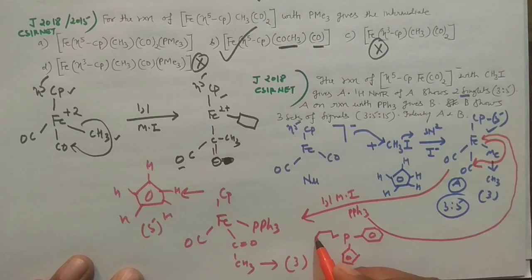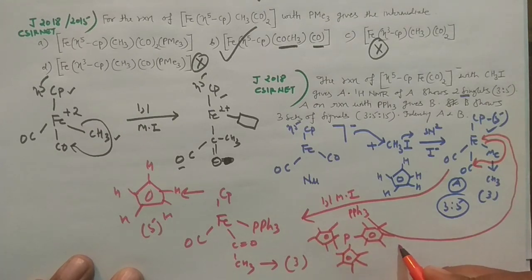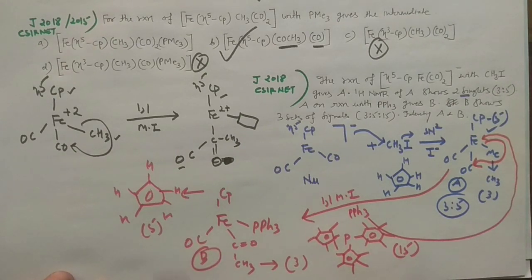How many hydrogens? 1 2 3 4 5, 1 2 3 4 5, 1 2 3 4 and 5, so a total of 15 hydrogens are there. Yet another signal which will have the intensity of 15, so you will get 3 signals for the product B. Say if this is B, you will get 3 signals with intensity of 3 for this methyl, intensity of 5 for this Cp, and intensity of 15 for this one, right?